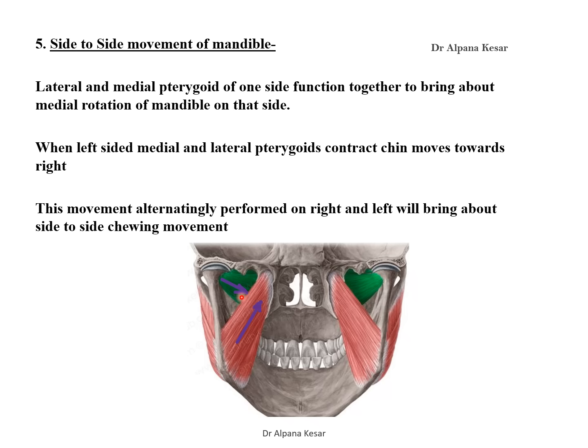When the lateral pterygoid muscle and medial pterygoid muscle of one side contract simultaneously, it will bring about medial rotation of the mandible on that side, and thus the chin will move to the opposite side. When the movement taking place on one side occurs alternatingly with the other side, it will lead to side movements of the mandible.